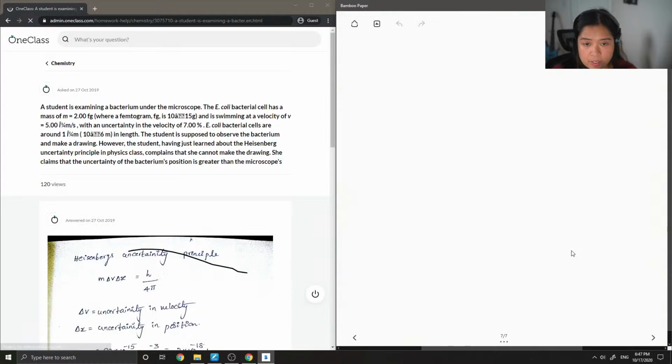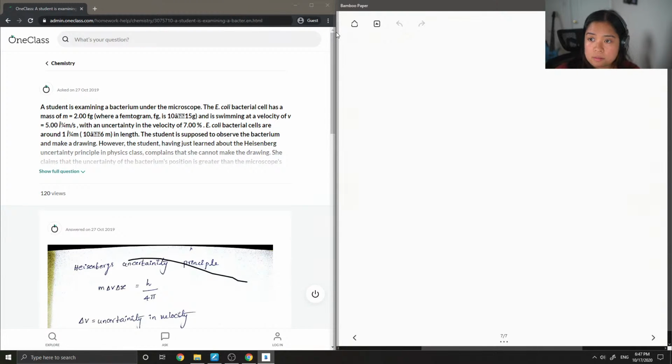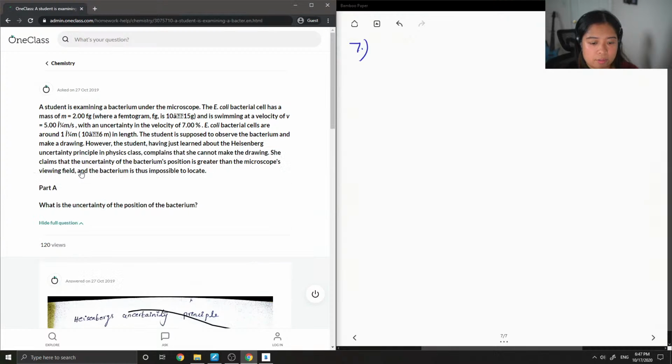Okay, so now on to question number 7. It looks long, but we'll go through it. The student is examining a bacterium under the microscope. The E. coli bacterial cell has a mass of m equals 2 femtograms, and then they do the conversion to grams, and is swimming at a velocity of v equals 5 micrometers per second with an uncertainty in the velocity of 7%.